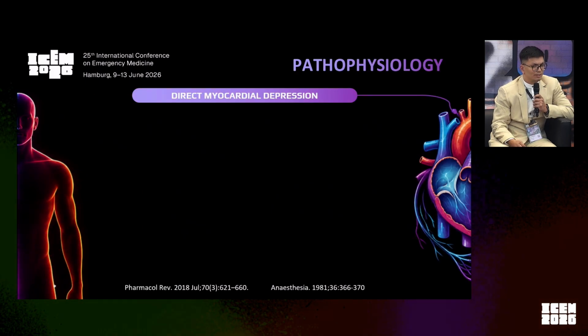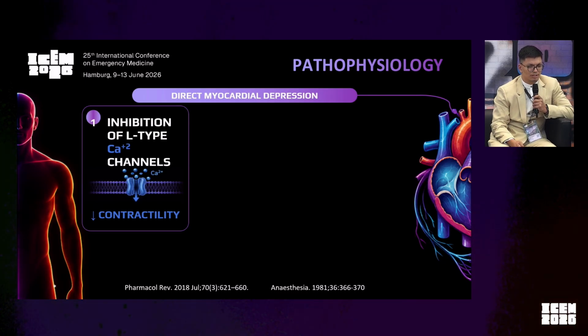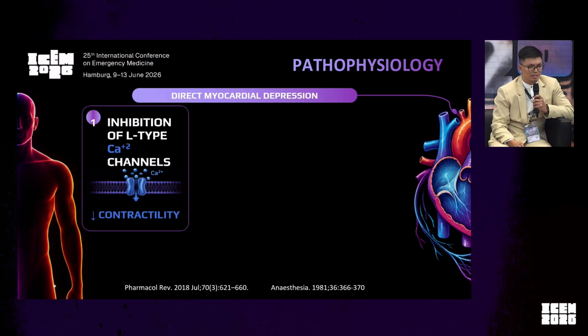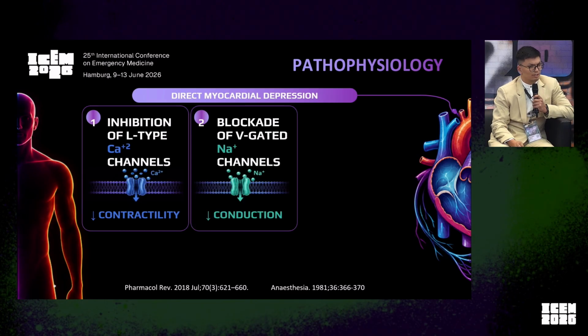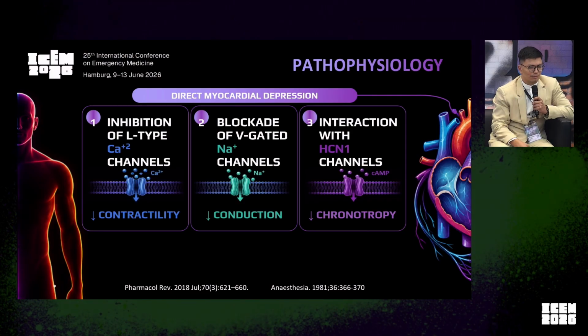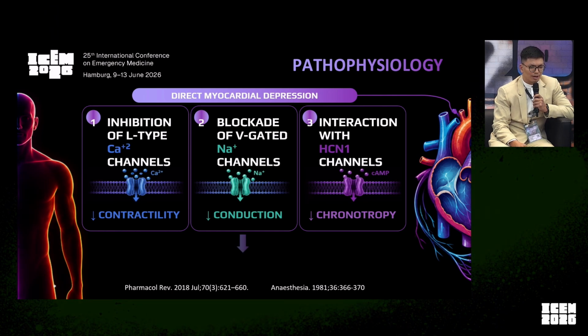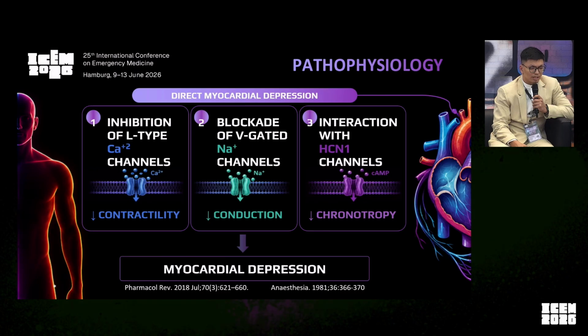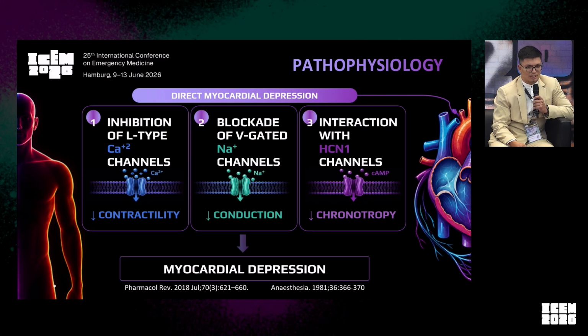But the other side of the story is that ketamine also has a direct myocardial depression effect because of the inhibition of the L-type calcium channels, the blockade of voltage-gated sodium channels, and the interaction with another channel that could cause a decrease in chronotropy, conduction, and contractility. And all of these effects can cause myocardial depression in in vitro or in vivo cardiac studies.